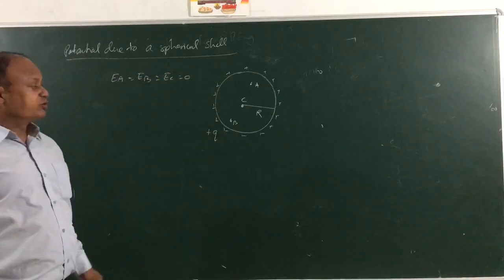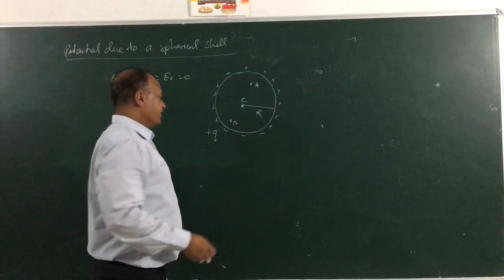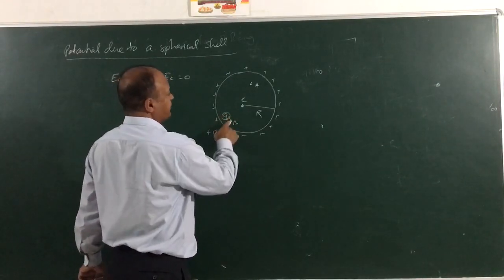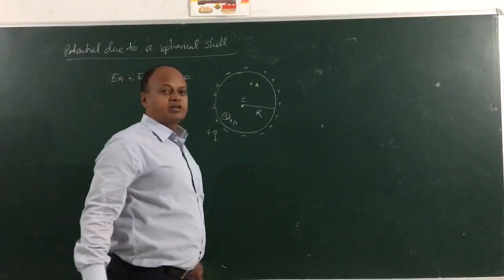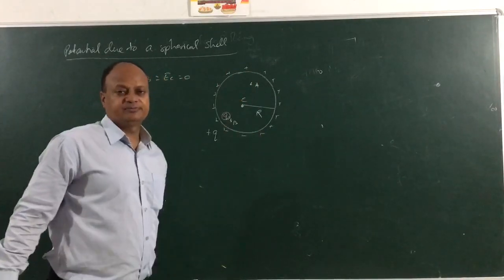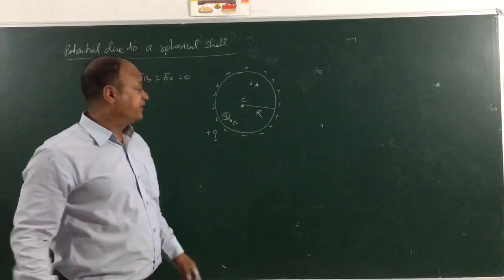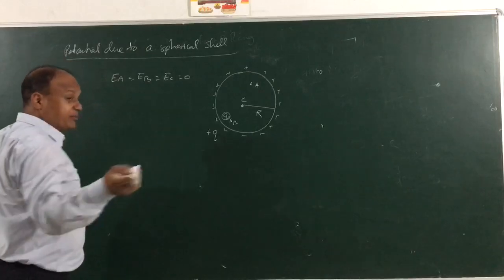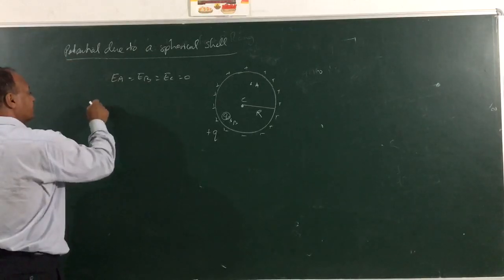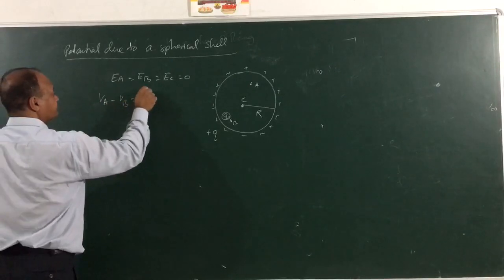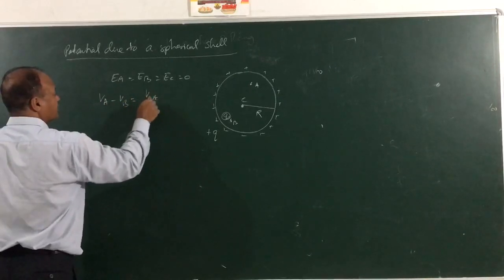If I take a test charge Q0 and shift it from B to C, C to A, work done will be 0, because there is no electric field. Let's consider these 2 points A and B. Remember what we discussed? We said that VA minus VB is equal to WBA by Q0.